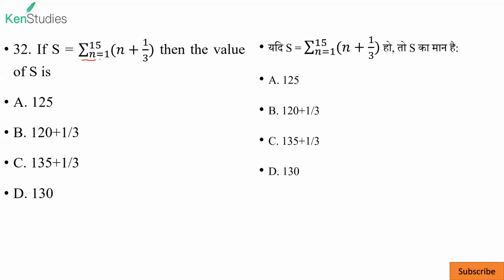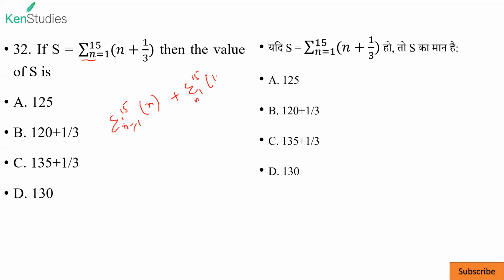Next, the summation of (n plus 1) by 3, where n is from 1 to 15. See, it is divided into two parts: the summation of n for n from 1 to 15, plus the summation of 1 by 3 for n from 1 to 15.